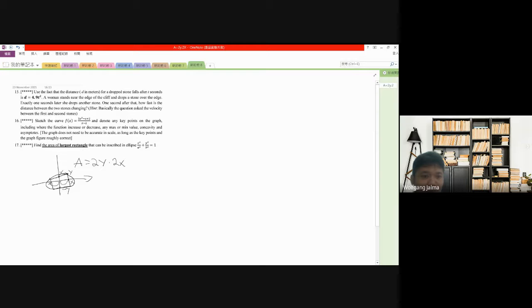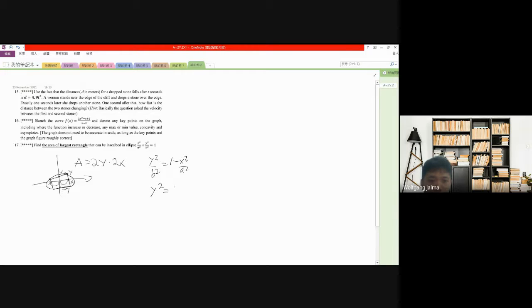So the area will be 2y times 2x, and then you substitute y from this. So what is y here? y squared over b squared equals 1 minus x squared over a squared.